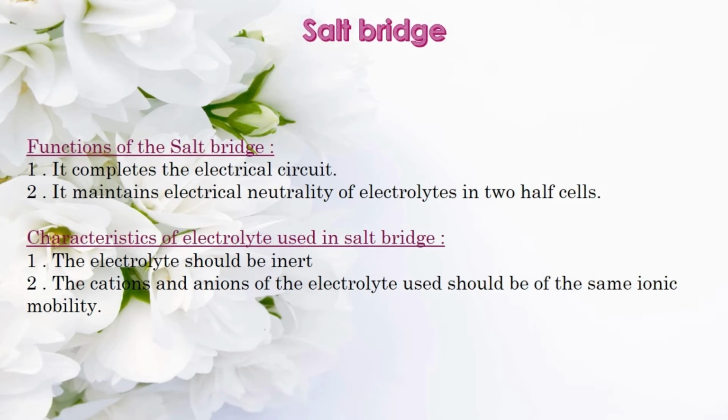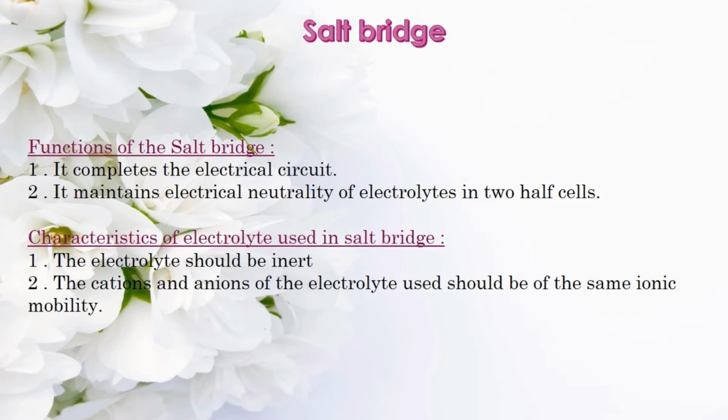When the concentration of Zn2+ ions around the anode increases, a sufficient number of Cl- ions will move from the salt bridge to the anode of the cell. So it neutralizes the excess Zn2+ ions.